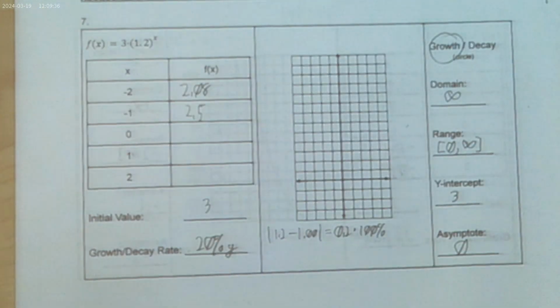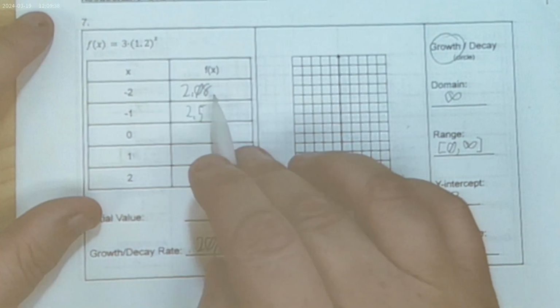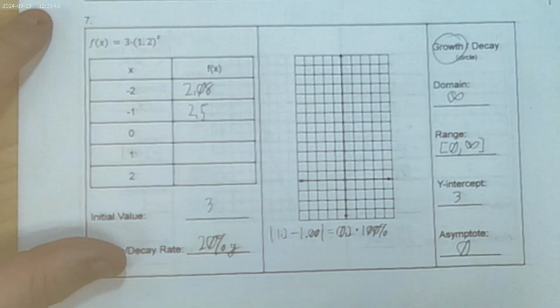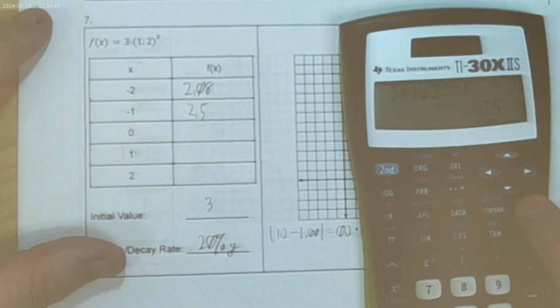And again, just to do a quick reality check, I have a growth rate, and as I go from negative 2 to negative 1, the number is getting larger. So I know that I'm doing the right thing here.